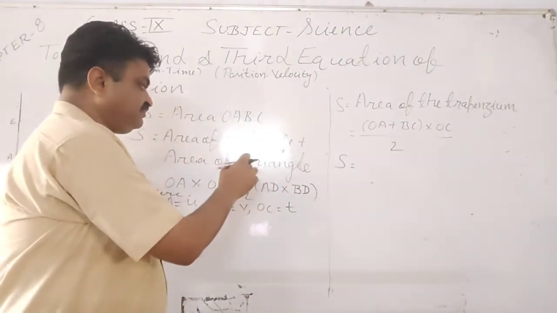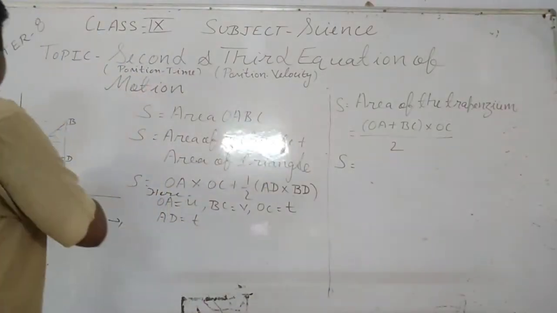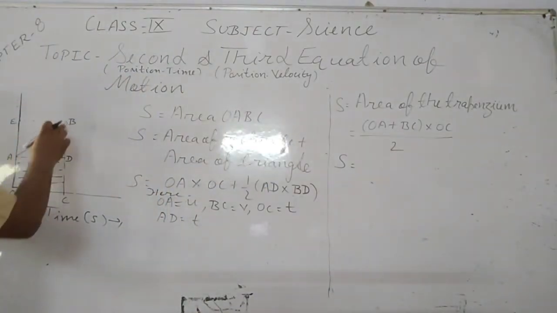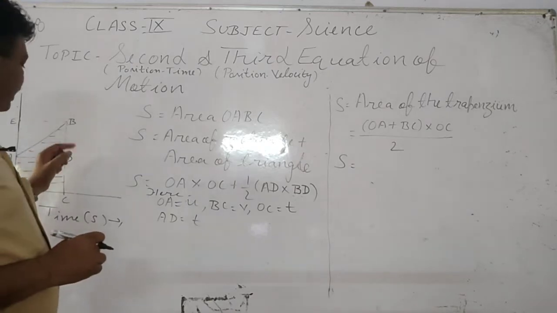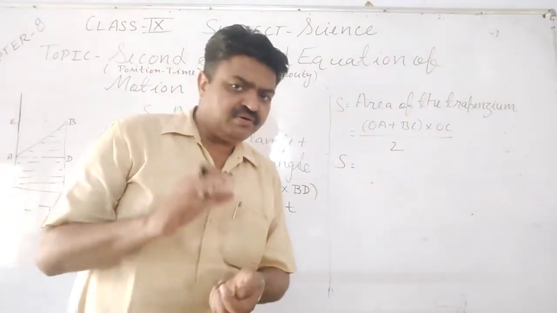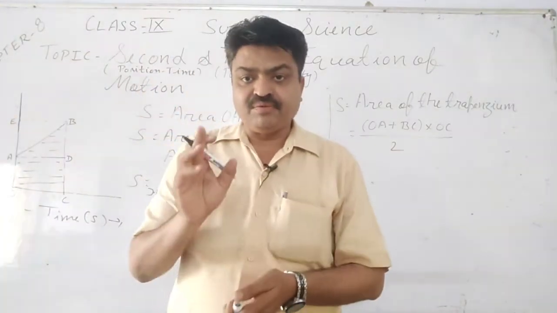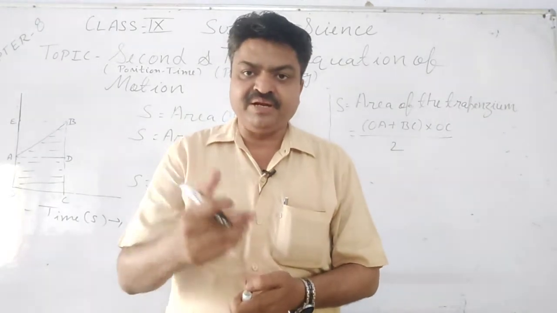Next there is the triangle, this ABD. What is the formula of the triangle in mathematics?